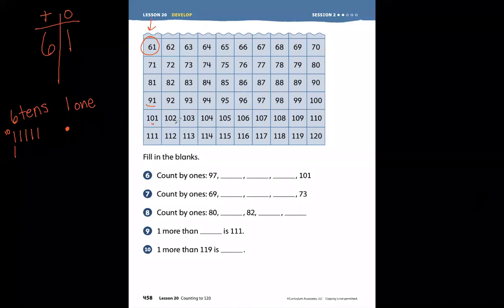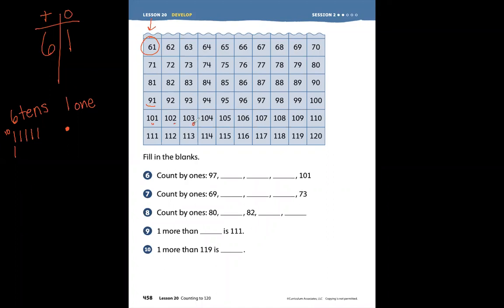101, 102, 103, 104, 105, 106, 107, 108, 109, 110, 111, 112, 113, 114, 115, 116, 117, 118, 119.